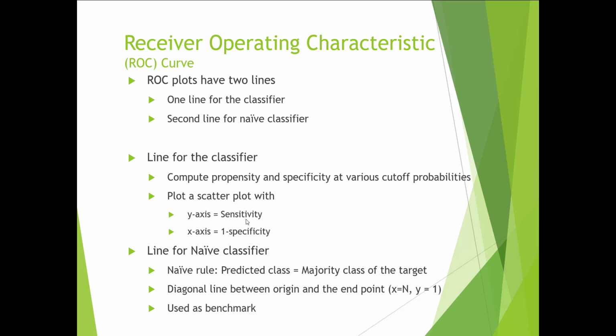So what we will do is compute these two values for various cutoff probabilities, starting from 0 to 1, in increments of say 0.05 or 0.1, and then compute at each of the cutoff points the value of sensitivity and the value of 1 minus specificity, and then plot that. Okay. So let's go to Excel and look at how to set this up.